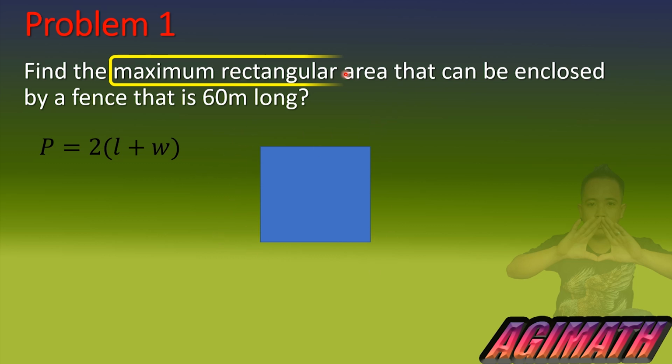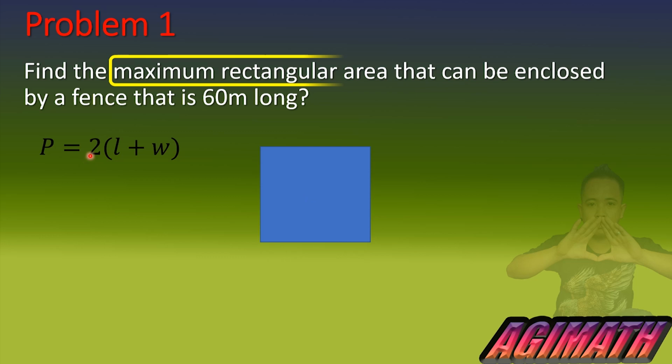For a rectangle, it is given by this formula: perimeter equals 2 times the sum of the length and the width. If this is the length and this is the width, we have two lengths and we also have two widths. That's why the perimeter is 2 times the sum of the length and the width, or if we distribute, multiply the length by 2 and the width by 2.